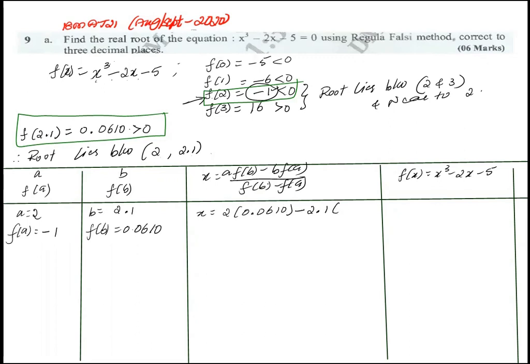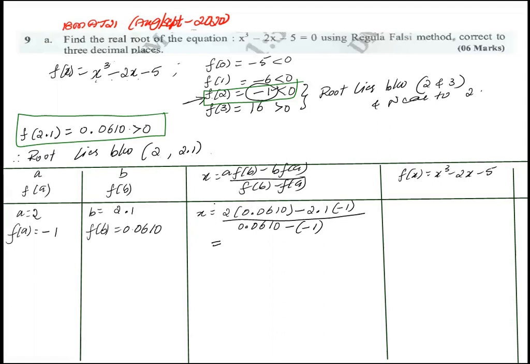Now x is a, that is 2, into f of b 0.0610, minus b, that is 2.1, into f of a, minus 1, divided by 0.0610 minus f of a, minus 1. So in the calculator, that is 2 into 0.0610 plus 2.1 into 1, divided by 0.0610, negative into negative is positive 1.